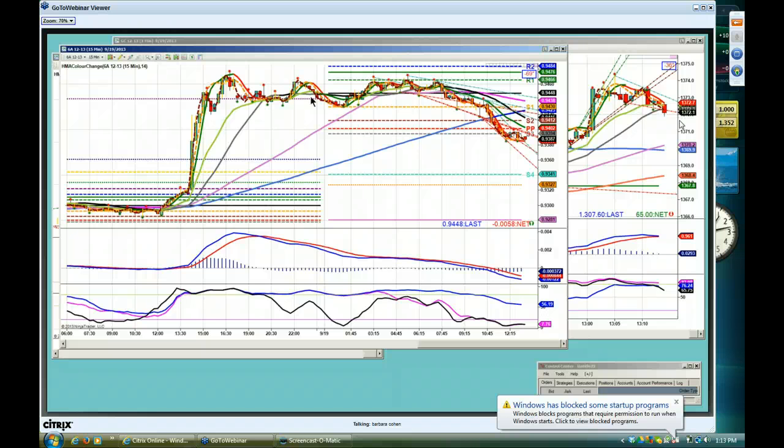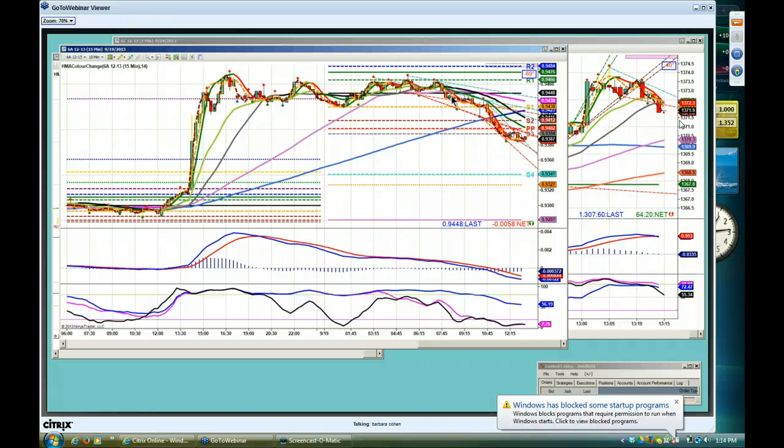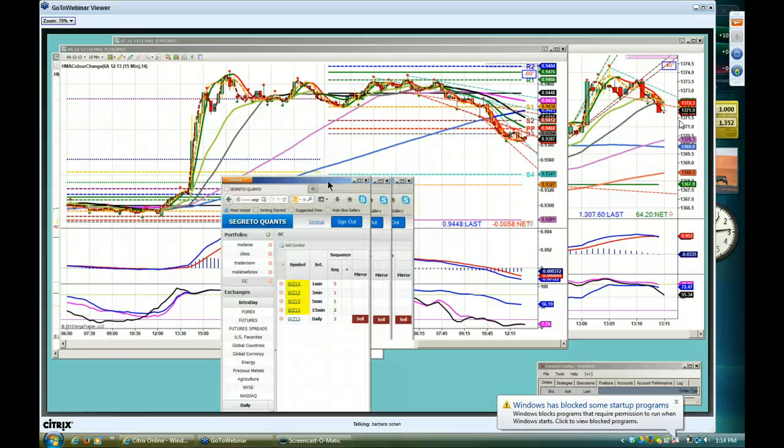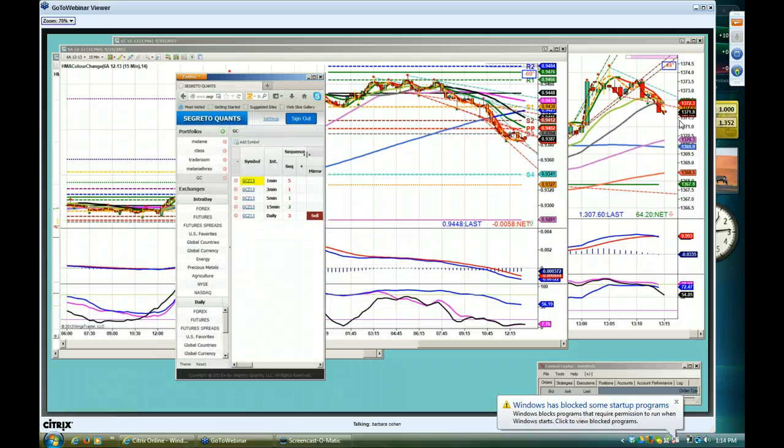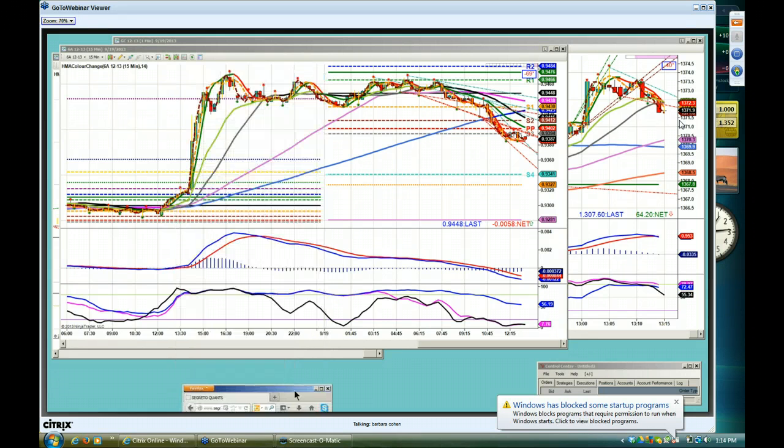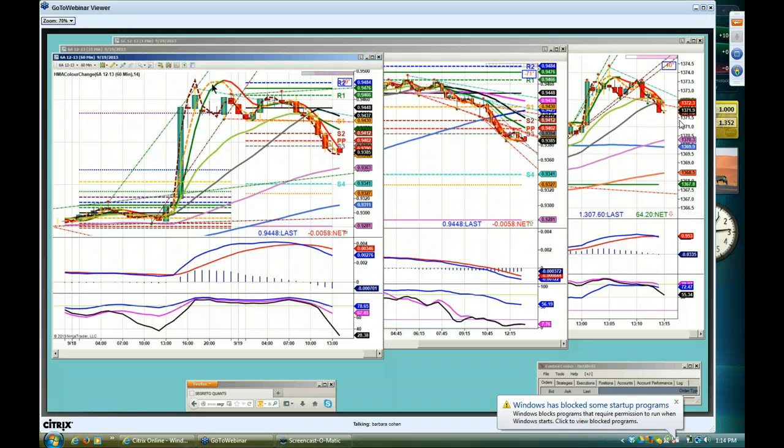I don't know exactly. But if you happen to be in front of your screen and you suddenly see a shorting opportunity, like the 13 crosses the 50, you've got your touching candle, and you see the sell come up on your Segredo, then you go, hey, this is the trend trade short I've been waiting for. I've been waiting for the momentum to fizzle on the fractal.